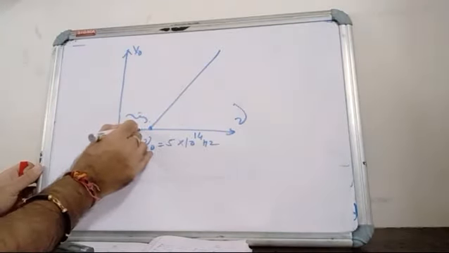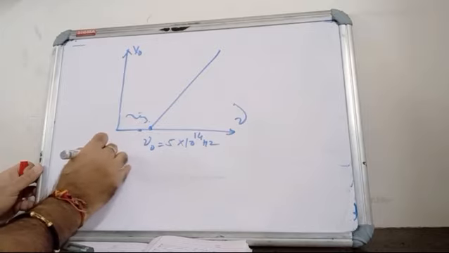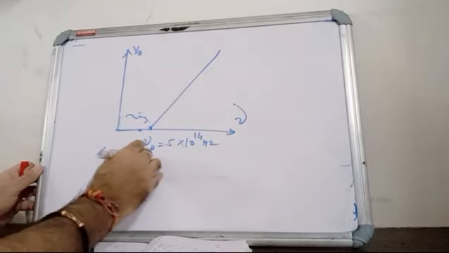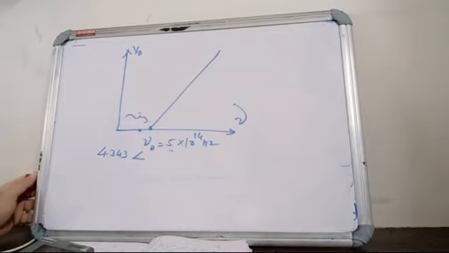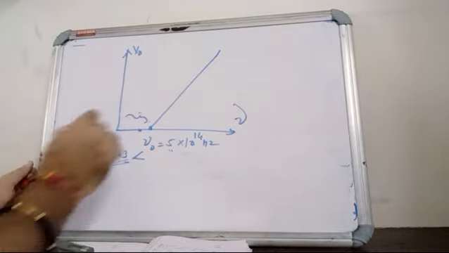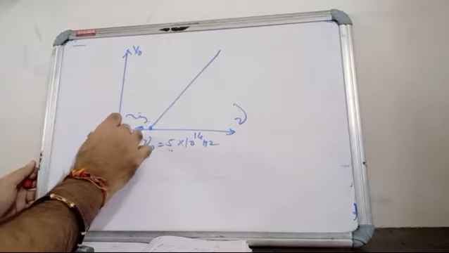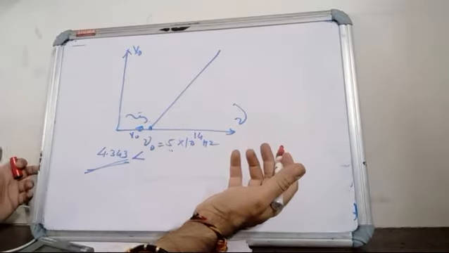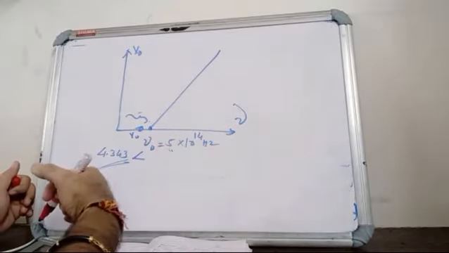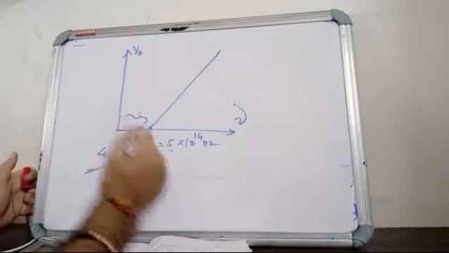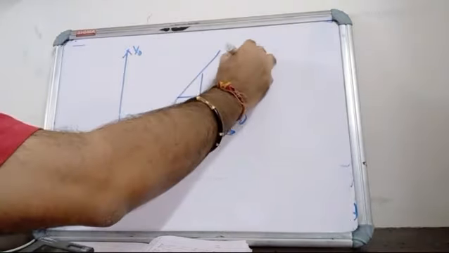Fifth data, that is 4.343 something, is less than the threshold frequency, so no photoelectric emission takes place for this incident frequency. Therefore stopping potential is 0, because there is no question of obtaining stopping potential, right? Very good. Its slope is h by e.